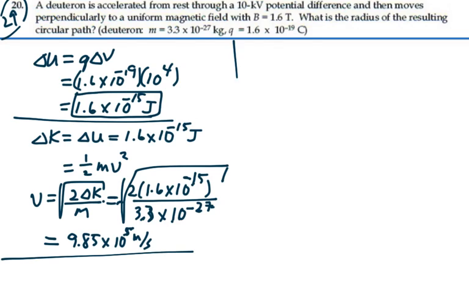Sounds good. Well, we can use that velocity for our radius equation. The radius should equal the momentum, mass times velocity, over the charge times the magnetic field.